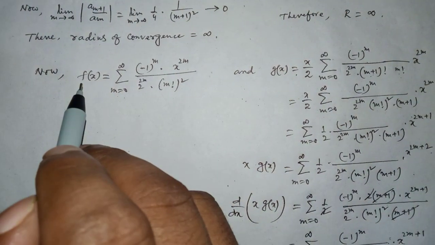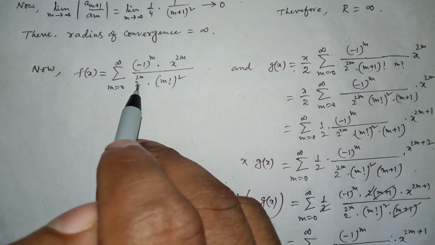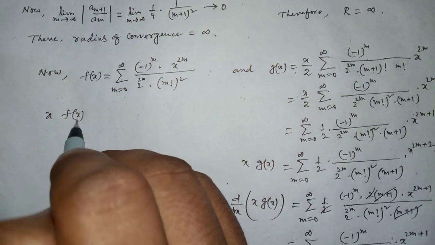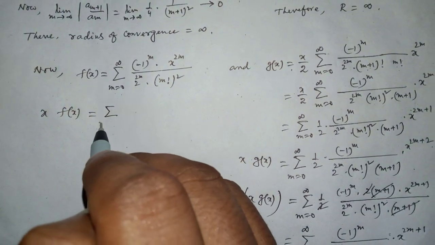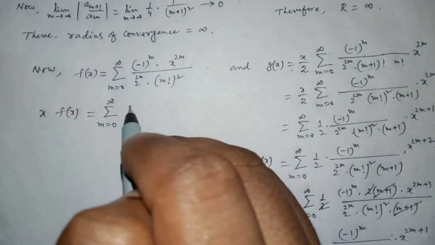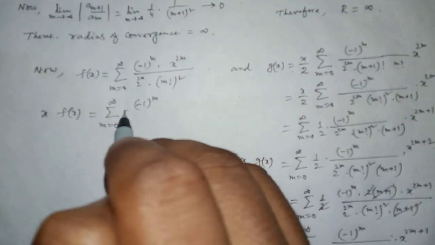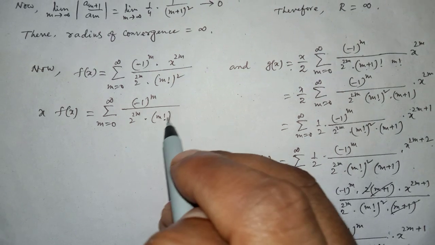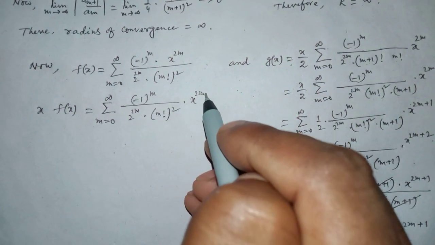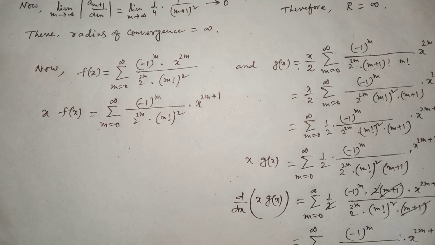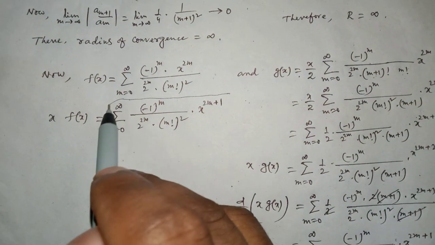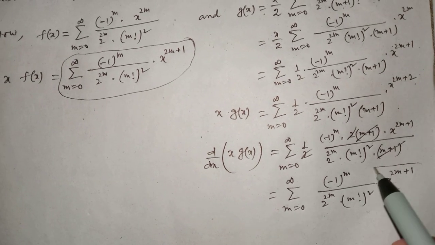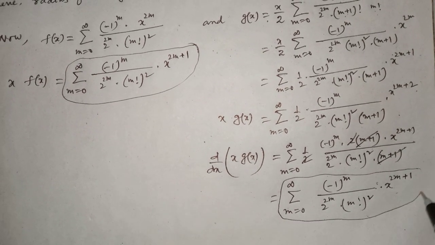And from here, if we multiply both sides by x, we get x f of x is equal to summation m equal to 0 to infinity, minus 1 whole to the power m by 2 to the power 2m into m factorial whole square into x to the power 2m plus 1. So we see that this power series and this power series are the same.